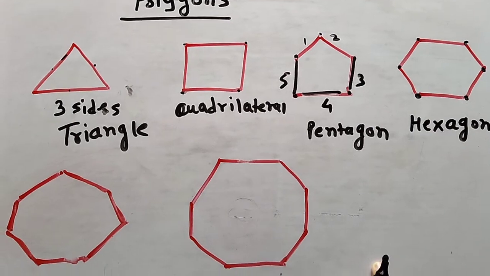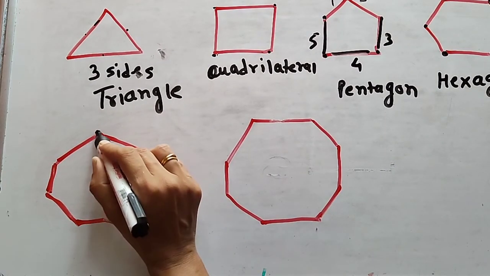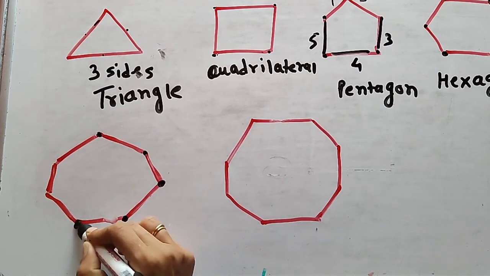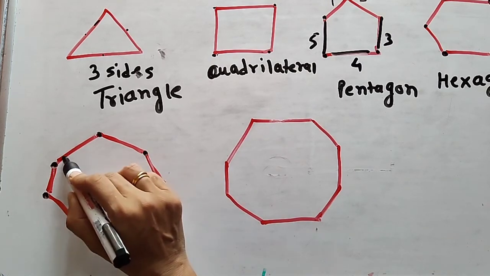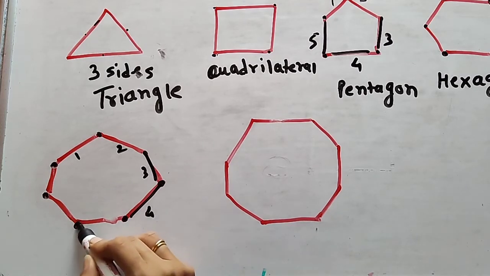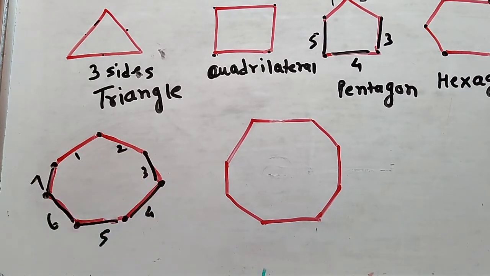Then next, in this figure, how many vertices? 1, 2, 3, 4, 5, 6, 7. And how many line segments? 7 line segments. This type of polygon is called a heptagon.